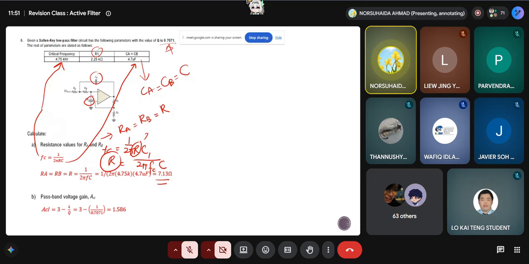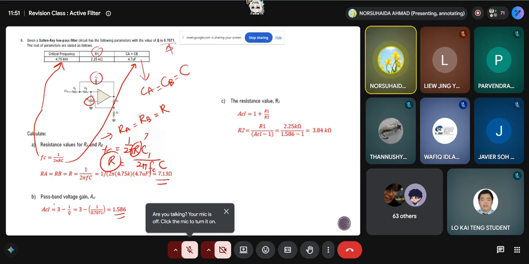So that 3 minus 1 over Q, Q is equal to 0.7071, so that our closed loop gain is 1.586. Okay, for ACL, we also can have another equation.